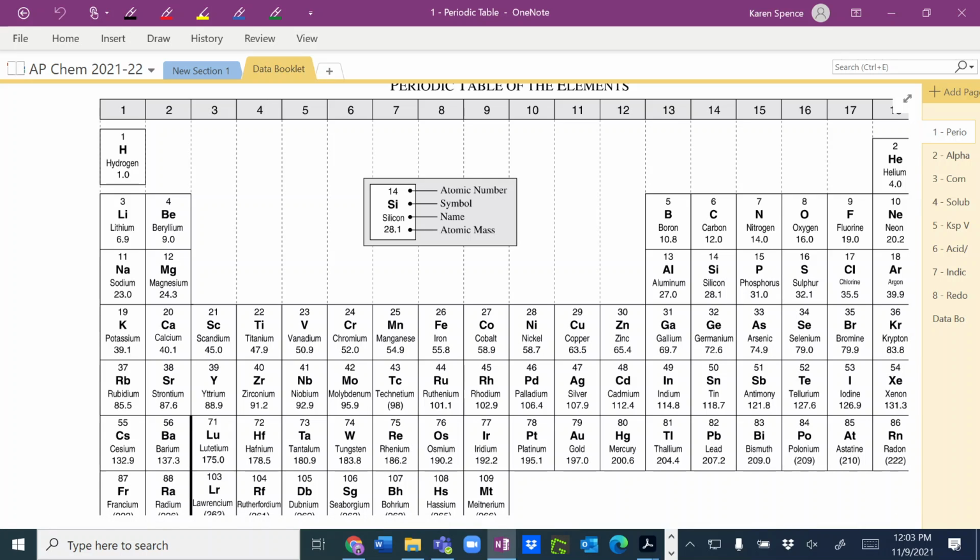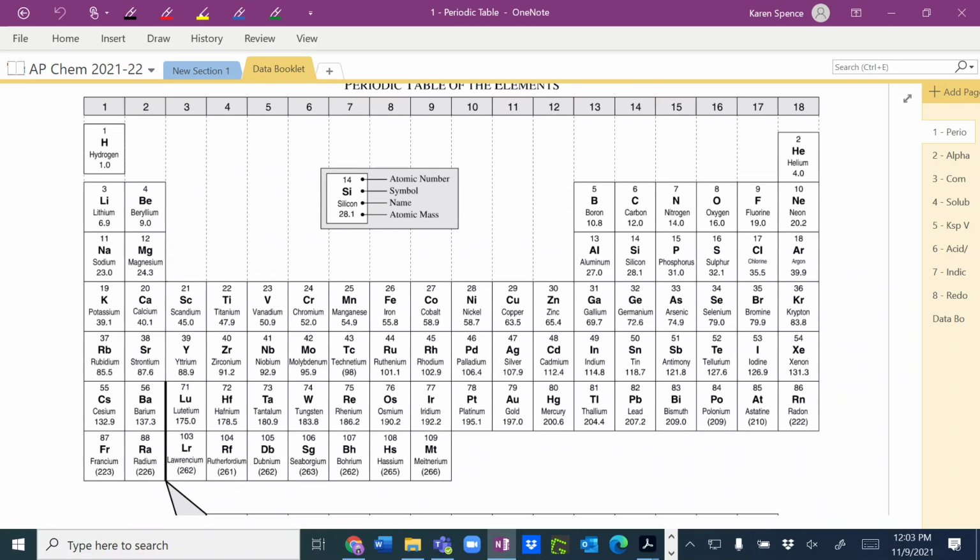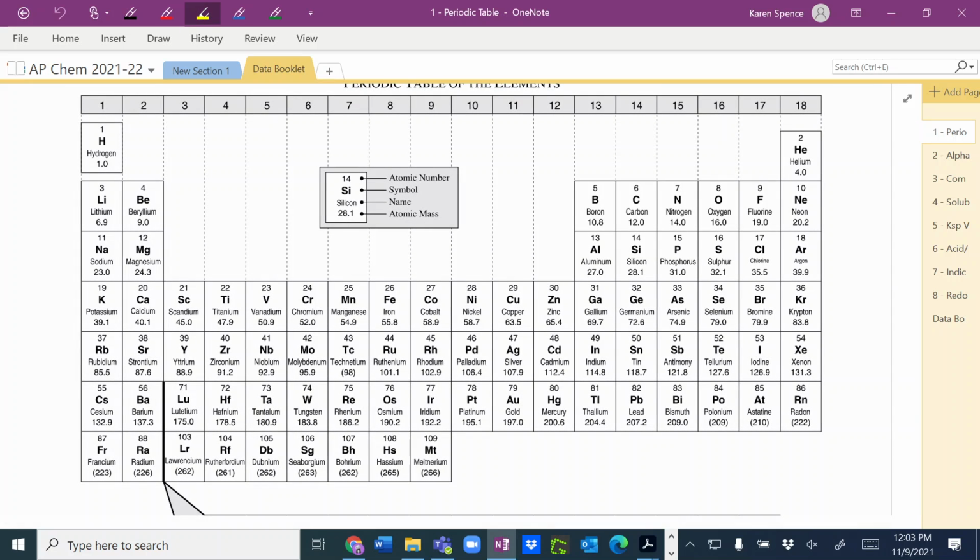Where would we find the S block? I know it's been a year. The S block is here. How do I know that's the S block? Well, that's what it is. However, it's also the S block because how many electrons can fit in an S orbital? 2.